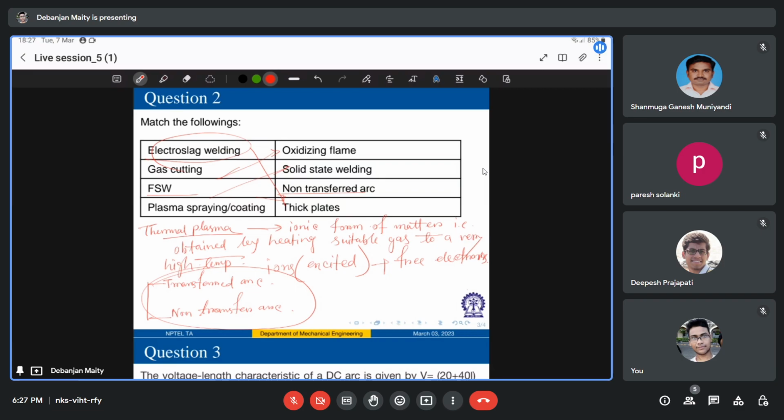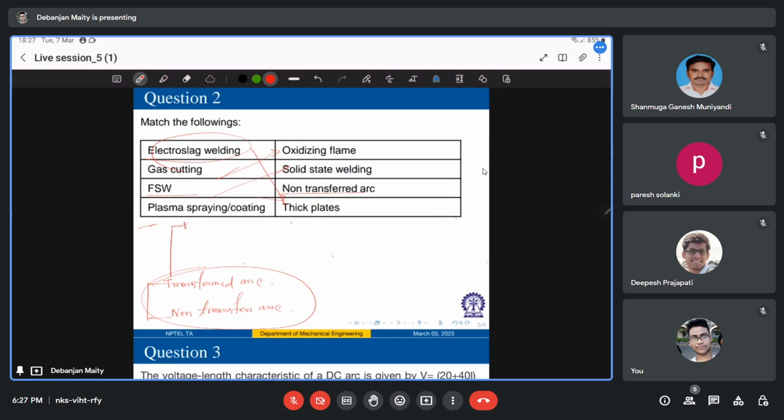So for transferred arc, the workpiece is connected to the positive terminal and the electrode is connected to the negative terminal, right?